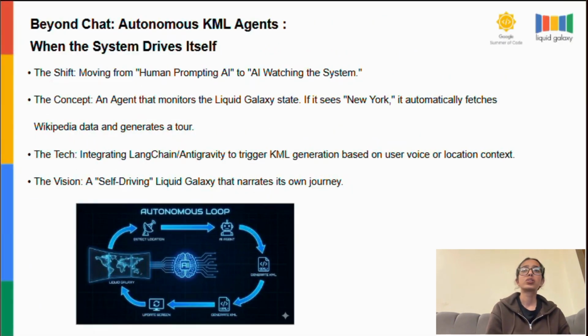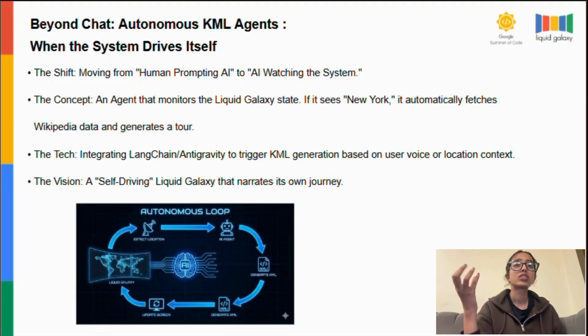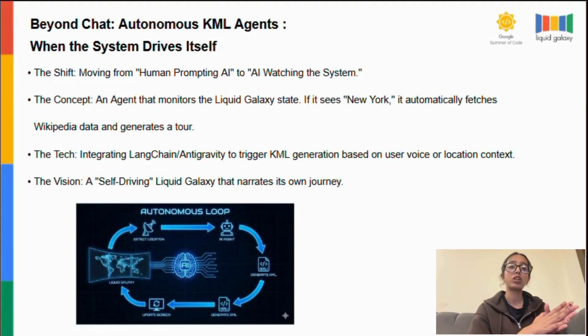Okay, so up to now, everything I've shown still assumes a human asking for something. So the next shift is when that changes, when the system starts reacting on its own. Instead of prompting manually, an agent can watch the state of Liquid Galaxy. If the focus moves to a place like New York, it can automatically pull relevant data and generate a tour around it.